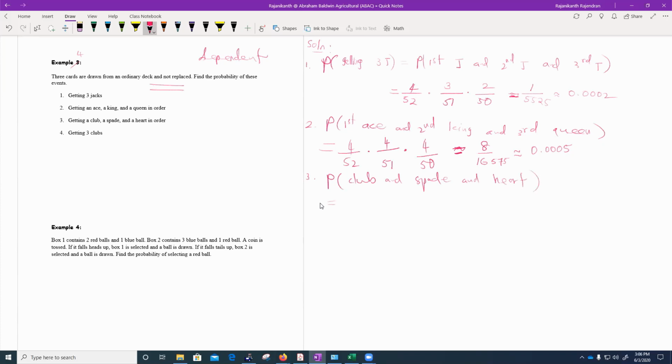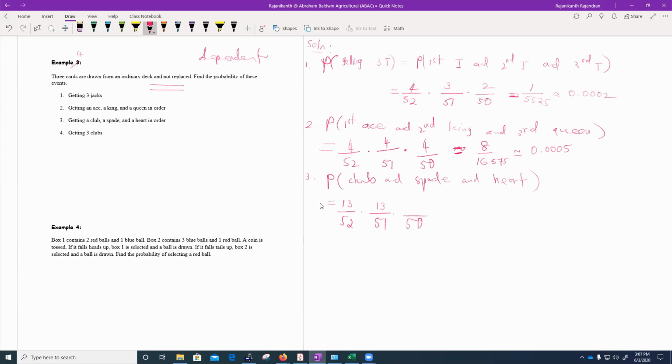Okay, again, you remember there are four suits in the card pack: spades, clubs, hearts, and diamonds. There are 13 of each. So, getting a club in your first attempt is 13 possibilities out of 52. Remember, for the second time, I have only 51 choices. Out of 51, how many spades are left over? In the first attempt, you chose only a club, so all the spades are still there. Therefore, 13 of them. And in the third attempt, I have 50 left over.